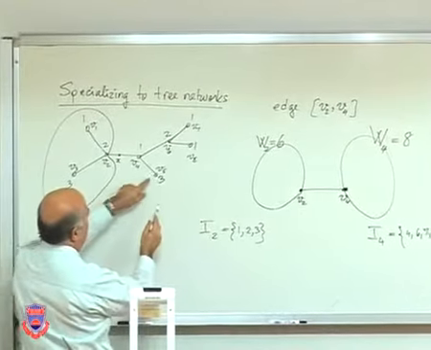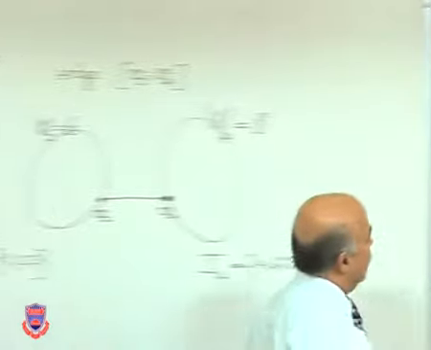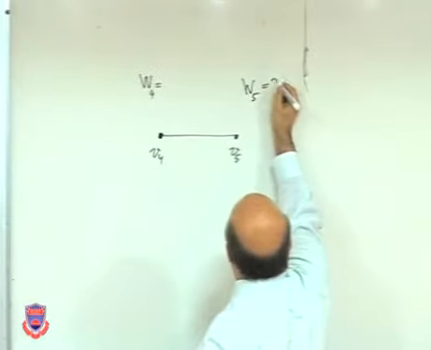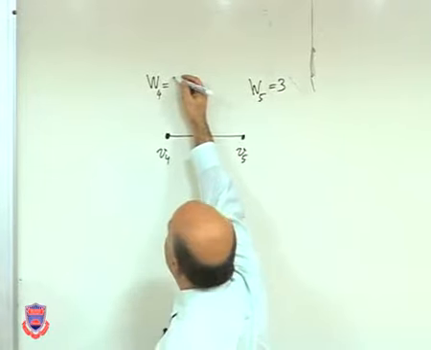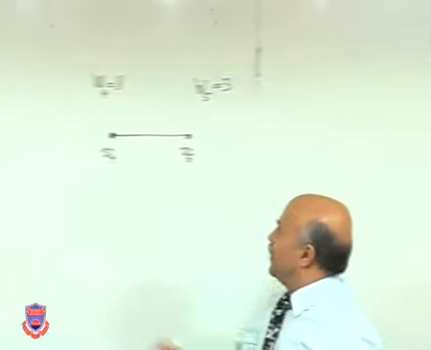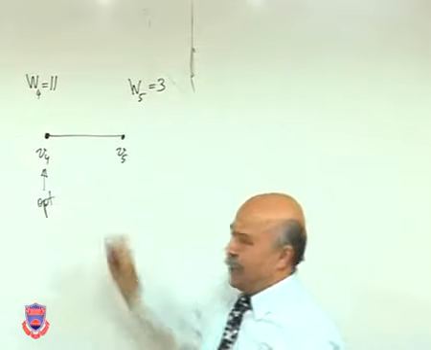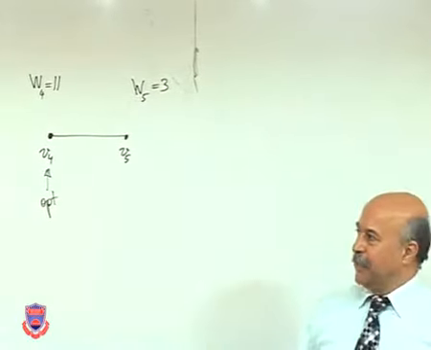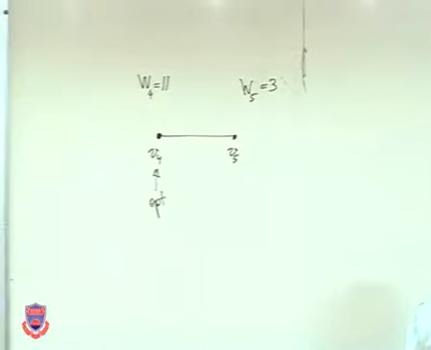Well, the total weight on the side of 5 is 3. The other one is how much? 11, yes. So in that case, this one is optimum. So V4 persists being optimum.